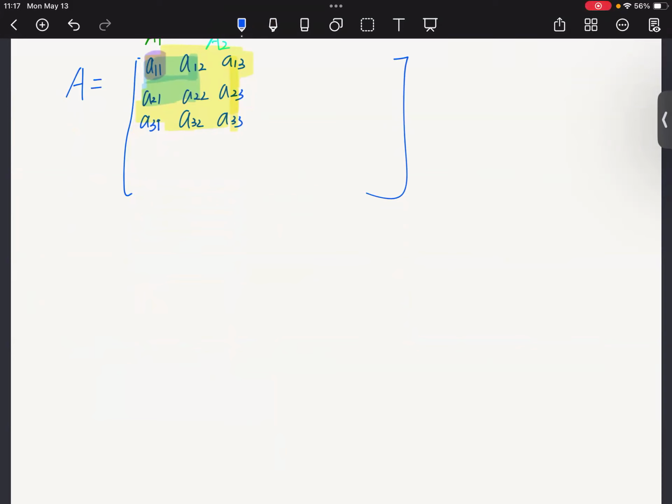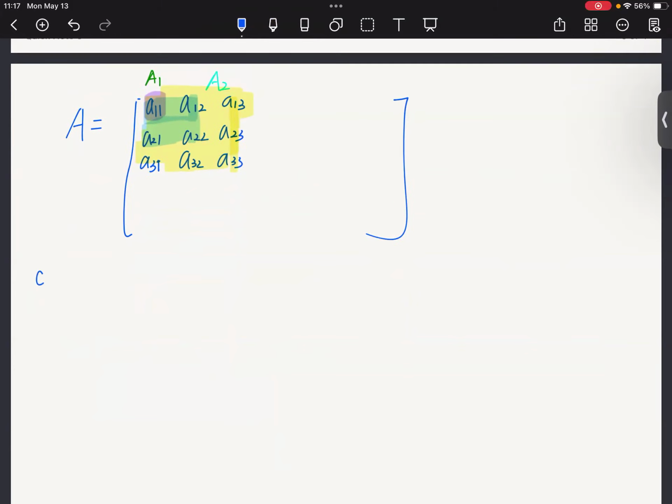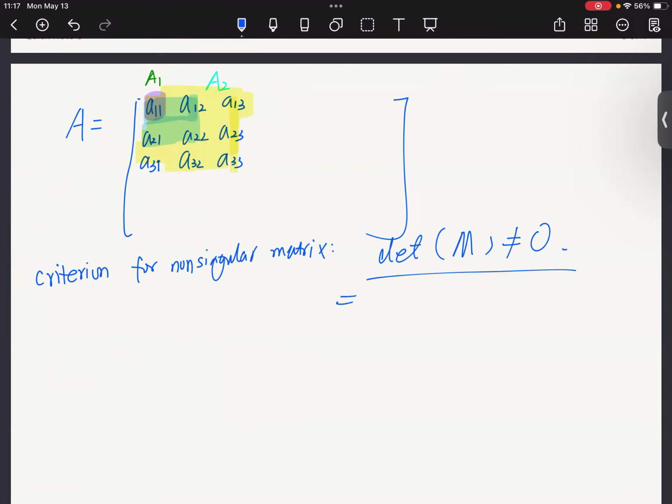Let's see. I'm not going to give you the definition of non-singular, but one criterion for a non-singular matrix is that we can take the determinant of the matrix. Let's say this is the matrix M, and its determinant does not equal 0, then we can say M is non-singular.